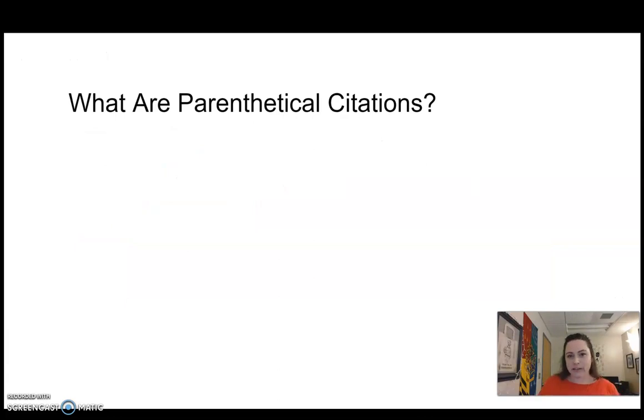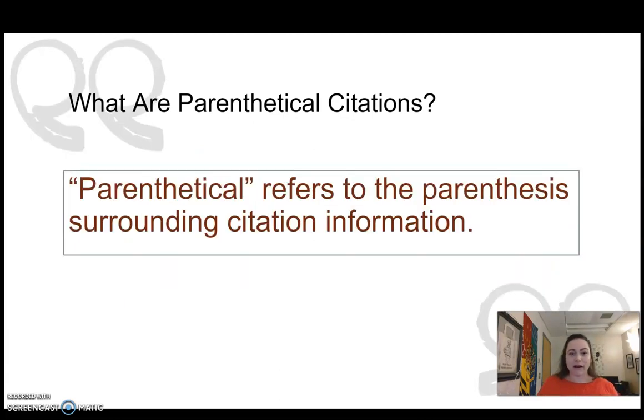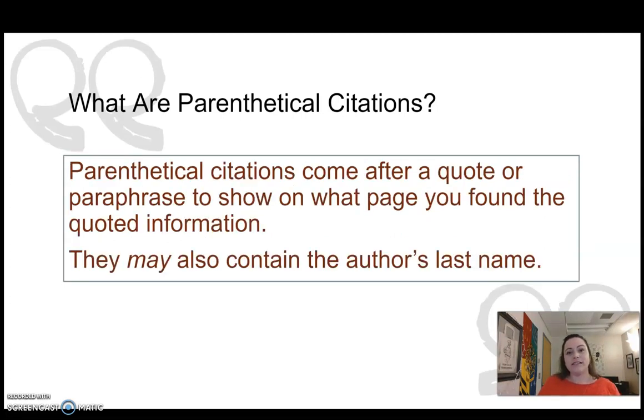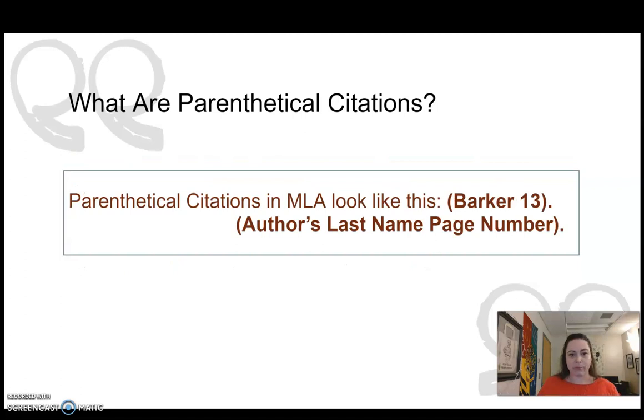So what are these parenthetical citations? Parenthetical refers to the parentheses surrounding the citation information. These parenthetical citations come after a quote or a paraphrase to show on what page you found the quoted information. They may also contain the author's last name.